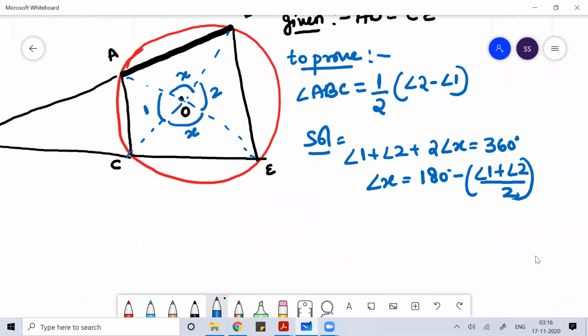That is, angle x is equal to 360 minus angle 1 minus angle 2, then divided by 2. This is the value of angle x.